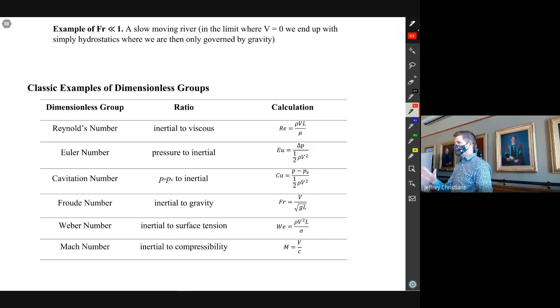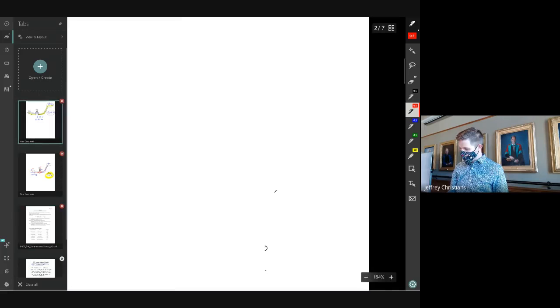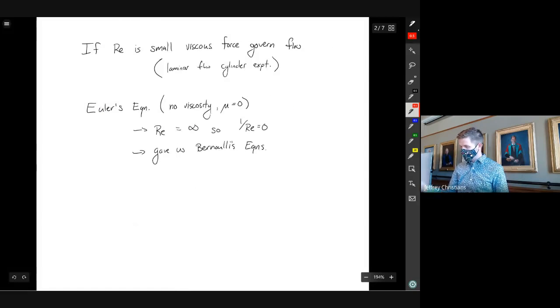So there's a low effort, high value way to develop intuition about problems. We're also going to see, probably on Monday, another way that we can use some of these dimensionless groups.